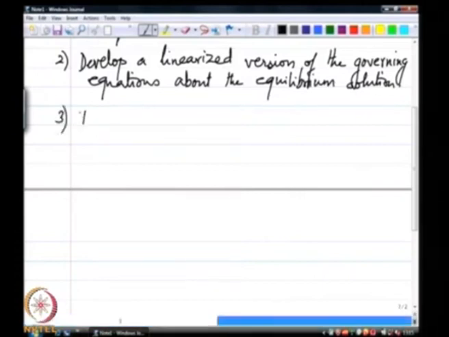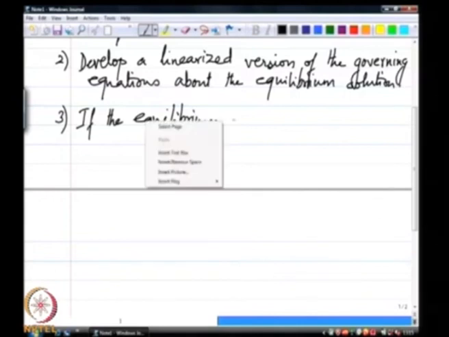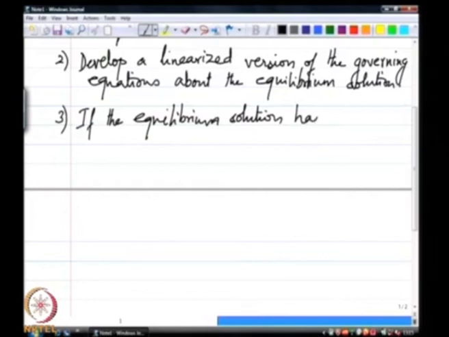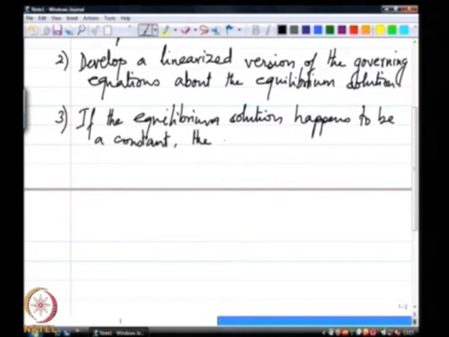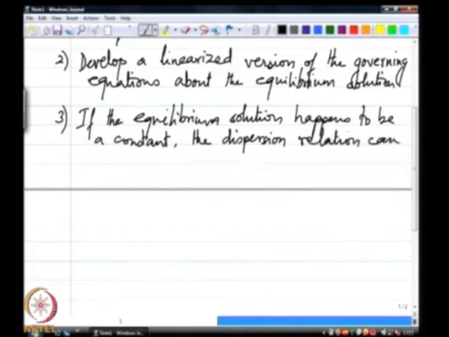Now, if the equilibrium solution happens to be a constant, like the case that we discussed, the dispersion relation can be obtained in closed form.